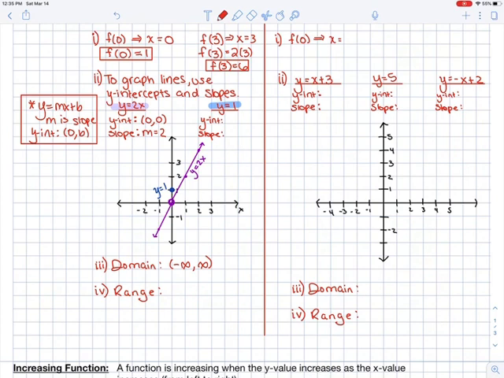And our range, on the other hand, goes from negative infinity to 0. At 0, we stop because there is an open circle, and then we write parentheses to show that it's not included. And then we continue again from 0 to infinity.